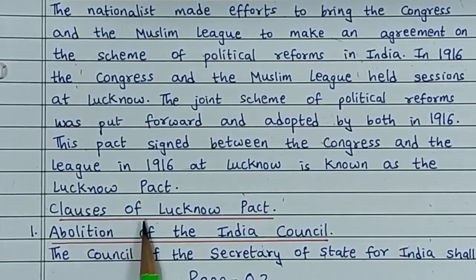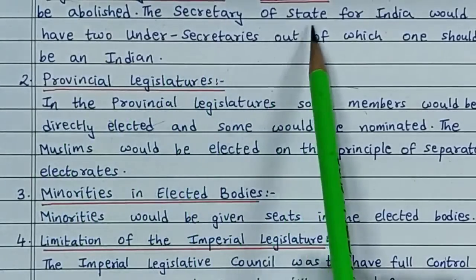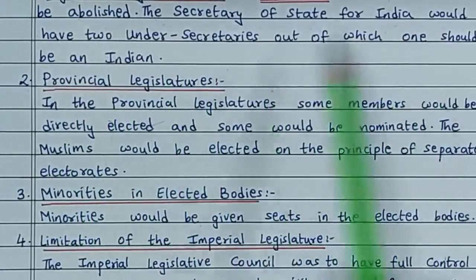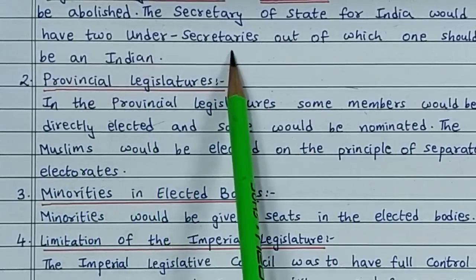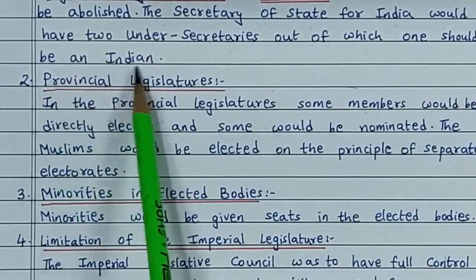Clauses or features of the Lucknow Pact. Number 1. Abolition of the India Council. The Council of the Secretary of State for India shall be abolished. The Secretary of State for India would have 2 under-secretaries, out of which one should be an Indian.